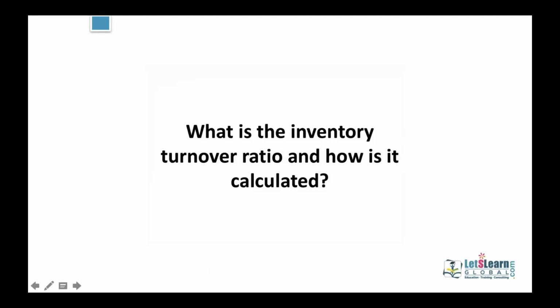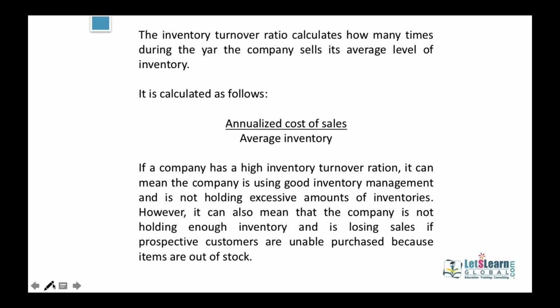Yeah. So here now let us discuss how the inventory ratio is to be calculated. What is inventory ratio? Inventory turnover ratio is a time period in which the inventory, means goods, will become credit sales.